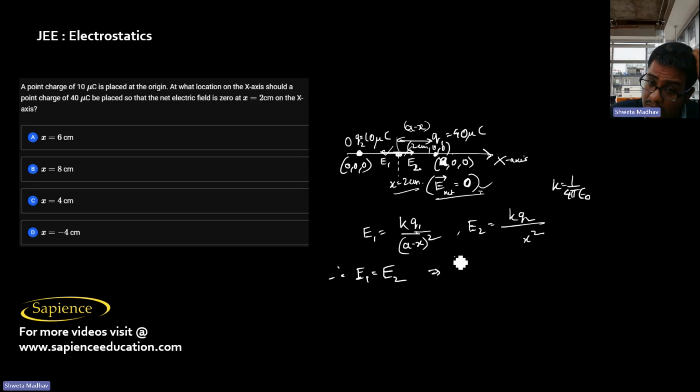So E1 should be equal to E2. I can say KQ1 by A minus X whole square should be equal to KQ2 by X square. K will cancel out.